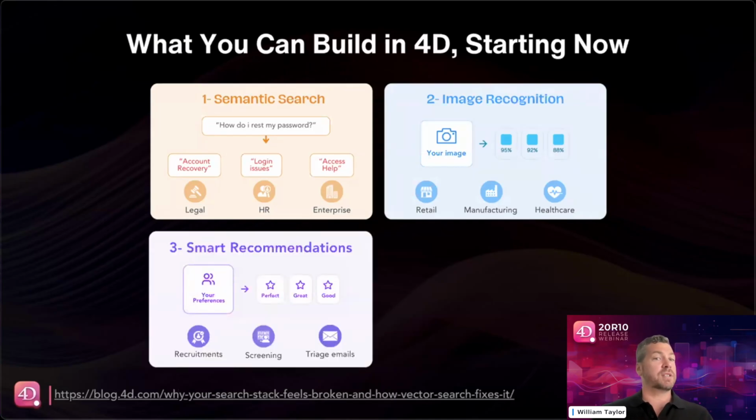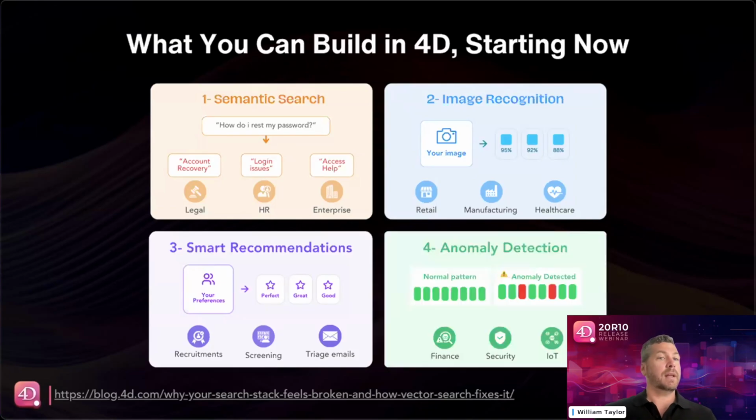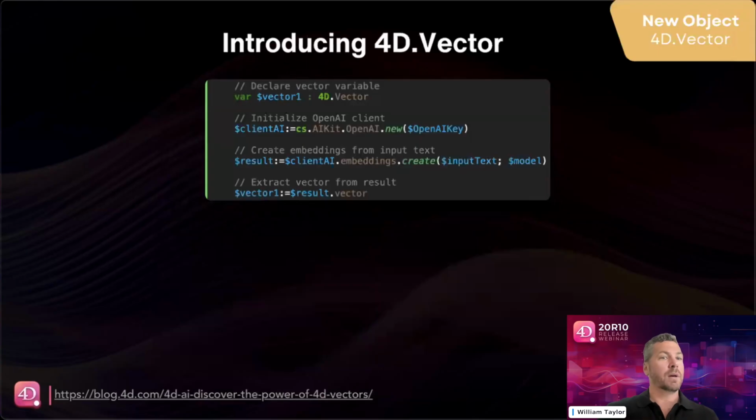Smart recommendations that adapt to user contents, ranking resumes, screening applications, and triaging emails with suggested responses. And last but not least, anomaly detection that learns what's normal, then alerts you or the appropriate people when something's off. Think fraud detection, security breaches, or unexpected behavior in IoT systems.